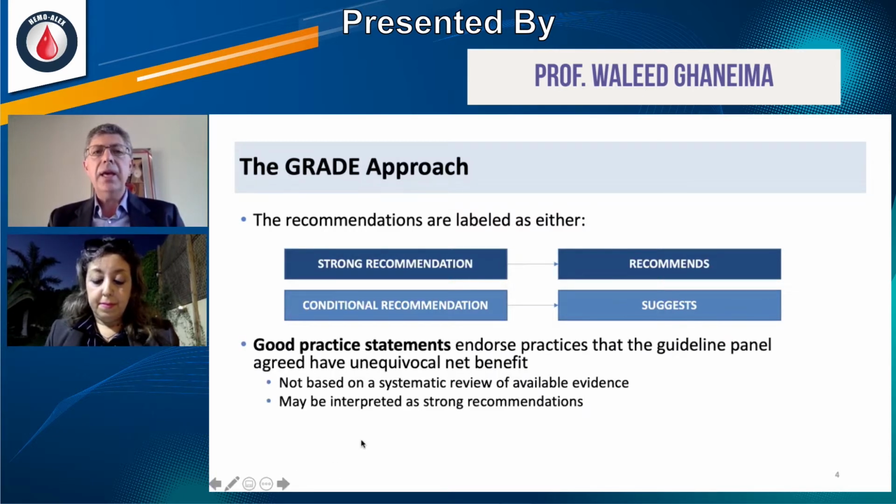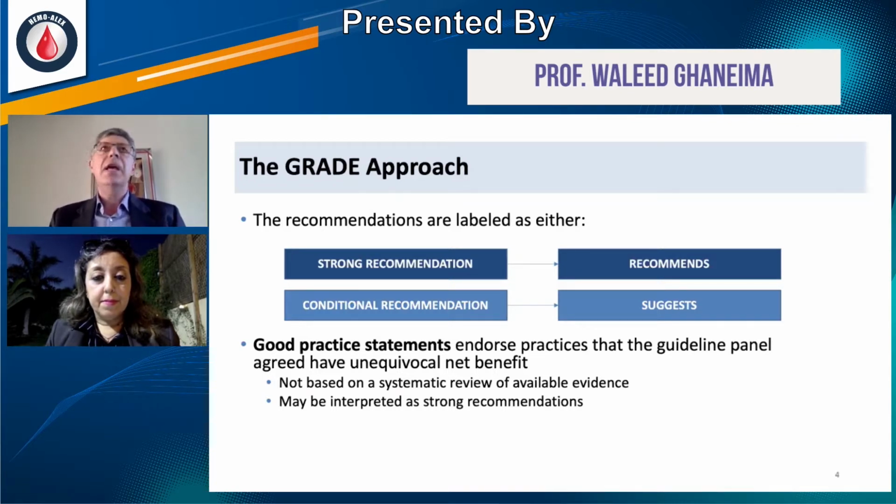And then they sometimes make so-called good clinical statements. So the panel can make statements even if they don't have enough evidence. And these statements endorse practices that the guideline panel agreed have an unequivocal net benefit. Not necessarily based, as I mentioned, on a systematic review or available evidence, but even it could be a strong recommendation.